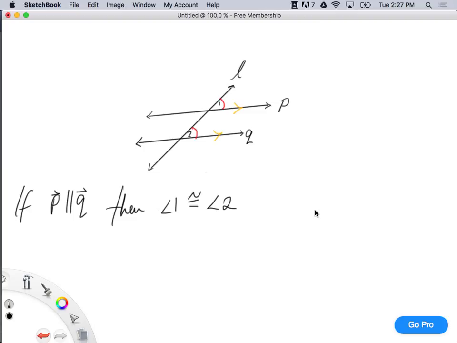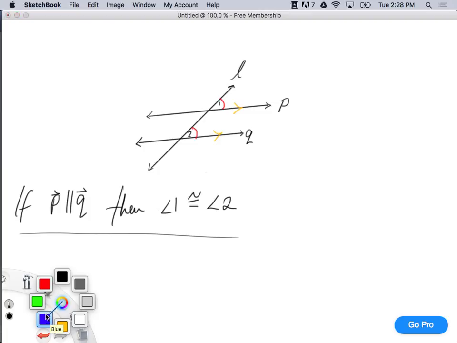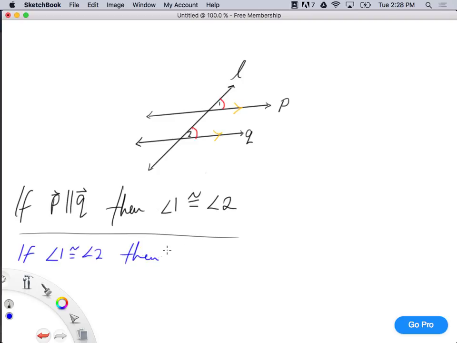Now, what is the converse? So that's my if-then statement. What does the converse do? Swaps it. So the converse of the statement would be if angle 1 is congruent to angle 2, then line P must be parallel to line Q.